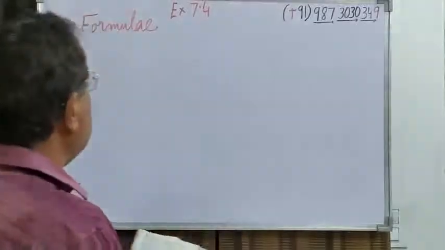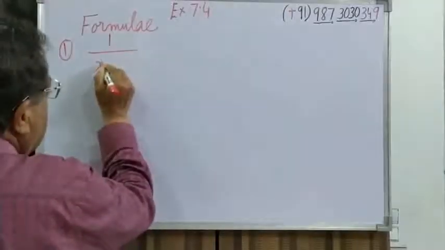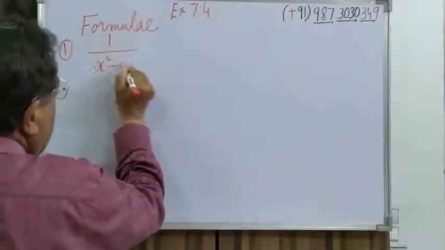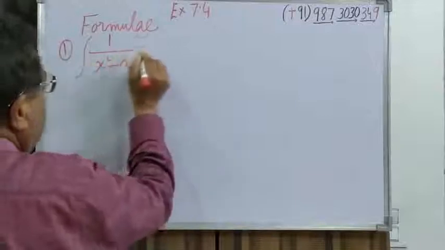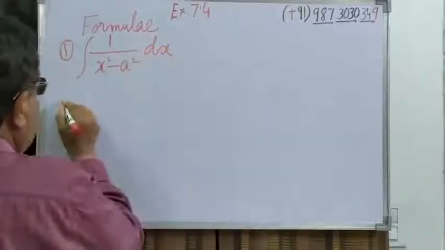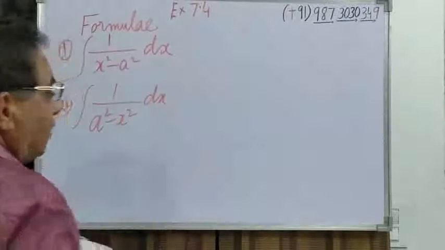The first formula is integration of 1 upon x square minus a square with respect to dx, and the second one is 1 upon a square minus x square dx.